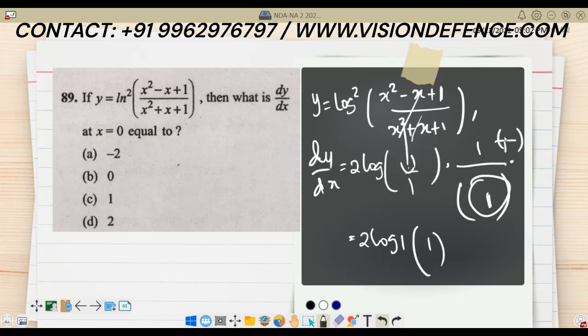So every x term will be 0. Ultimately, you are going to be left with 2 into log 1, right? So log 1 is 0. So dy by dx is 0. So at x equal to 0, your dy by dx will be equal to 0. Right.